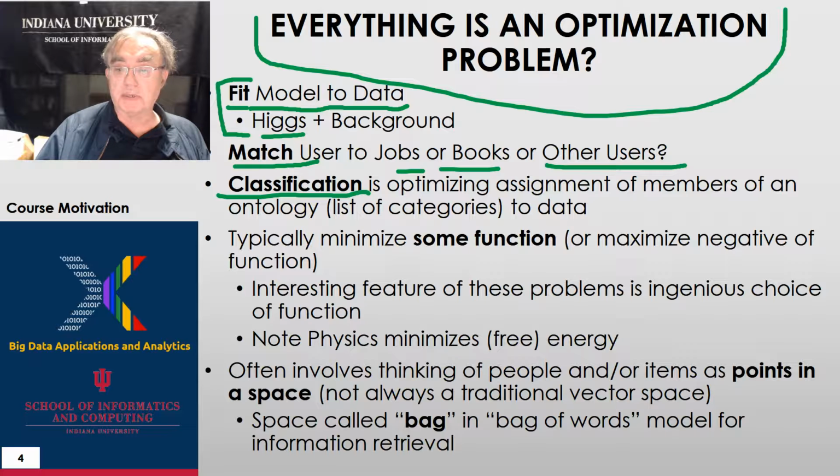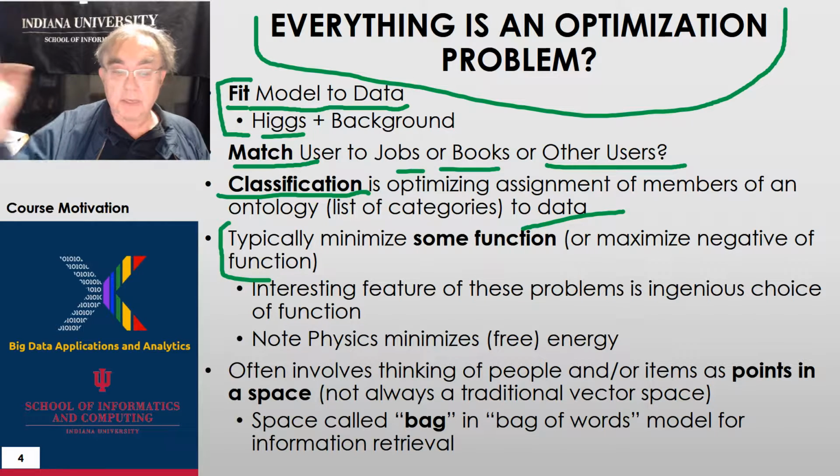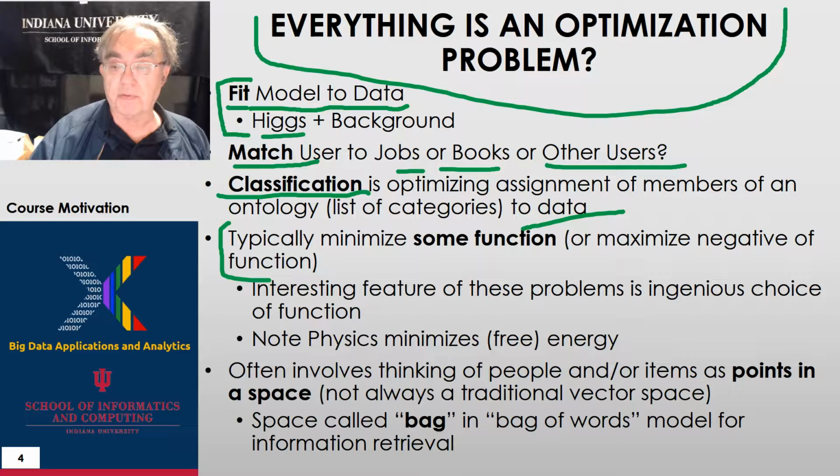Classification is an aspect of this, which is assigning of an ontology, a list of labels, to items, which can be, again, users or books or what have you. So that's an optimization problem. And in optimization, you have a function which you typically minimize, or maximize the negative of the function, however you want to phrase it.